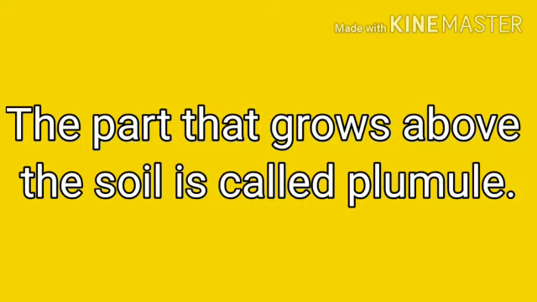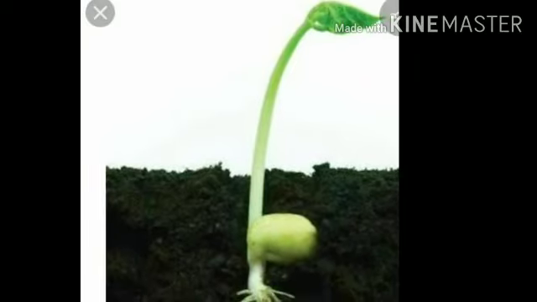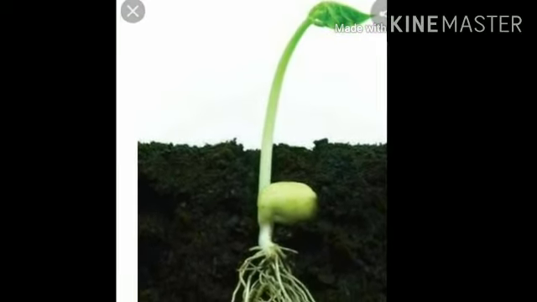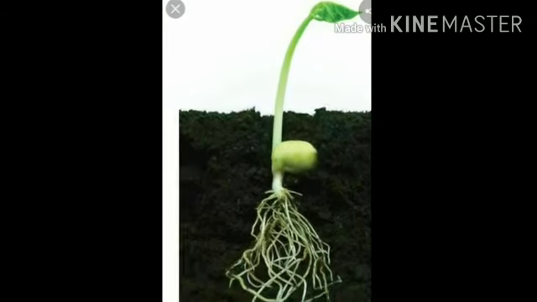As the seed germinates, it forms the further shoot system. It grows above the soil. Now see the figure, the green part, the part that grows above the soil, that is a plumule. It is green in color.